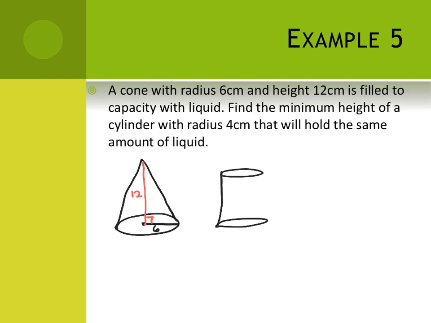Now remember, the difference between the two volumes is for the cone, we've shaved off like 1/3 of it. So this tells me that the height of my cylinder is going to be shorter than the height of my cone. So it told me that the cylinder radius is 4. So I need to find the height.